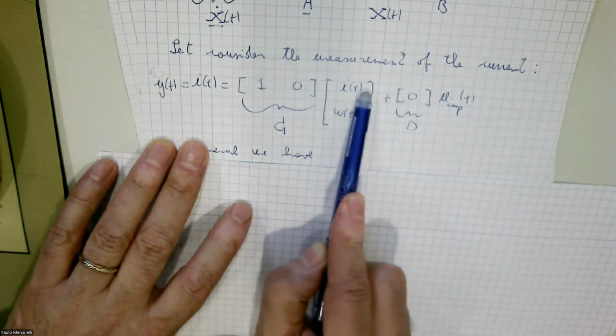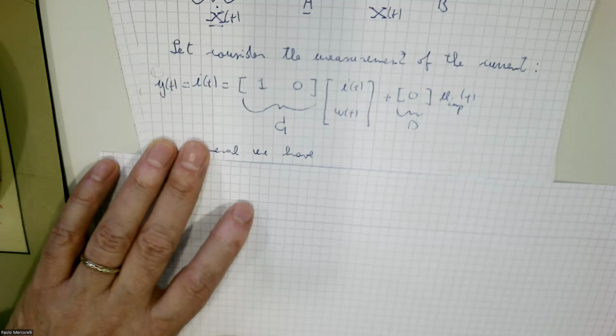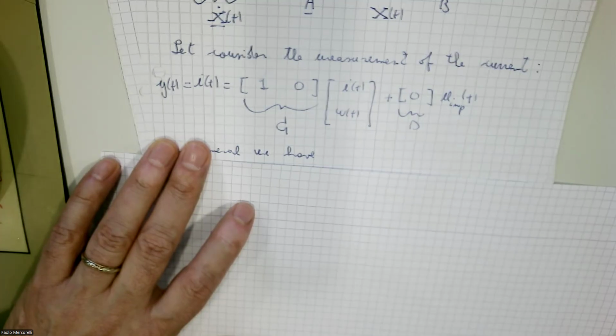Of course, I can estimate also the current. Even though I measure it, to estimate, or better to say to observe, but in particular to estimate, estimation is an optimal observation, the estimated current is better, if the estimation is optimal as it should be, than the measurements. Or we hope.